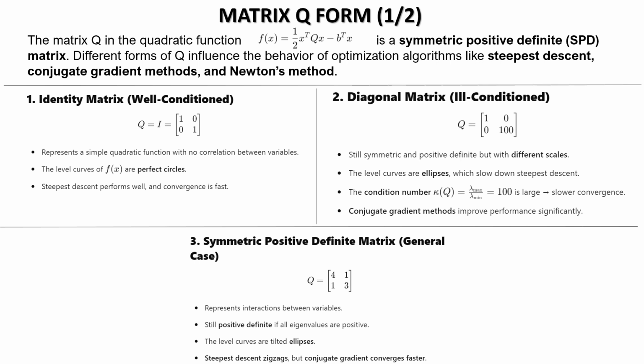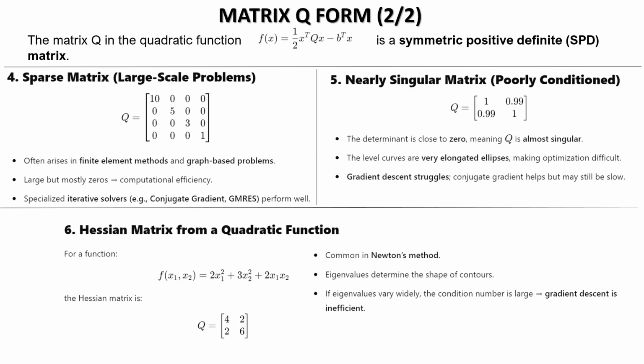We can split them into well-conditioned, ill-conditioned, and maybe a general case: identity matrix, diagonal matrix, symmetric positive definite matrix. Another form of matrix Q could be a sparse matrix for large-scale problems, a nearly singular matrix, poorly conditioned, and the Hessian matrix from a quadratic function.